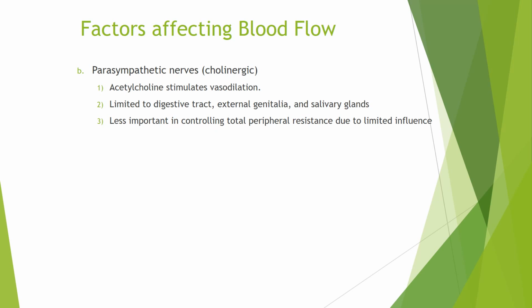This is limited only to the digestive tract, external genitalia, and salivary glands, and is less important in controlling total peripheral resistance due to limited influence. Again, the parasympathetic division is our rest and digest, so it's not as critical as it would be with sympathetic stimulation, like a fight or flight type of stimulus.